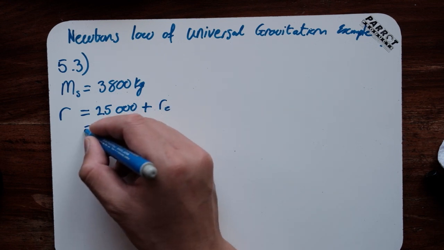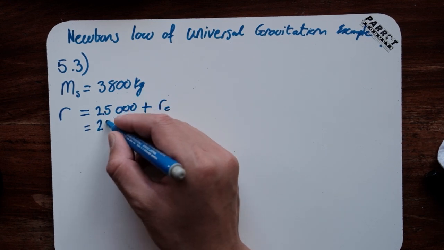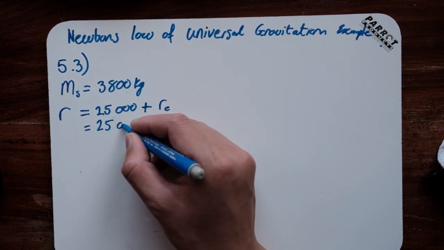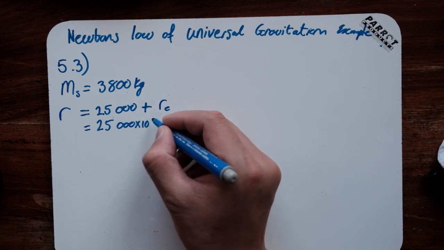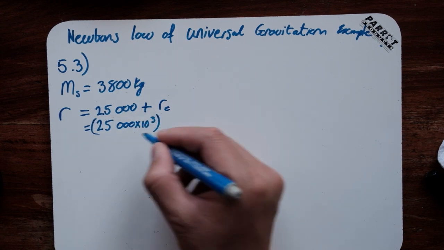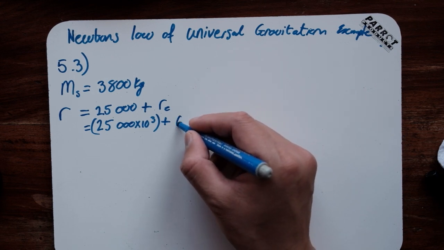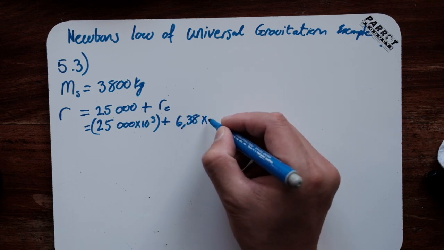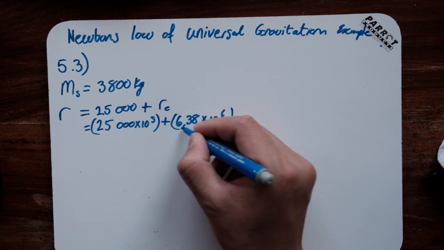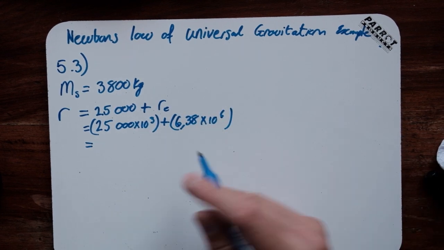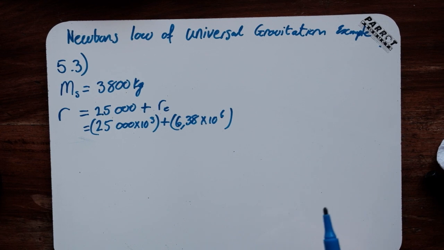So first and foremost, we have to convert that into meters. So it's going to be 25,000 times 10 to the power of 3 plus 6,38 times 10 to the power of 6, which in the end is what we would need for our distance.